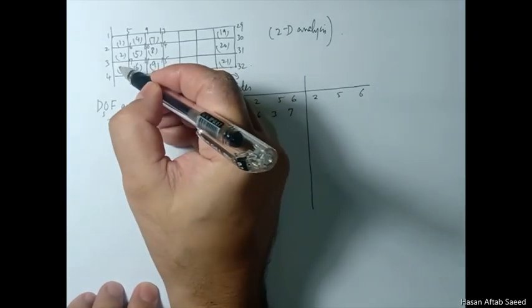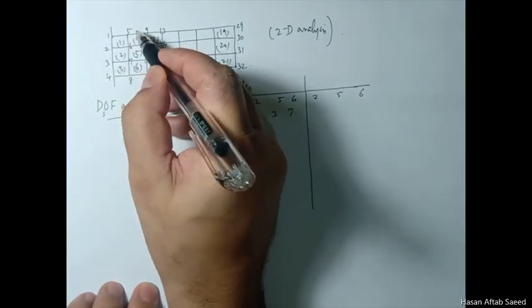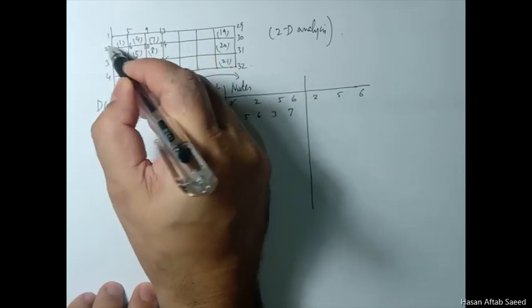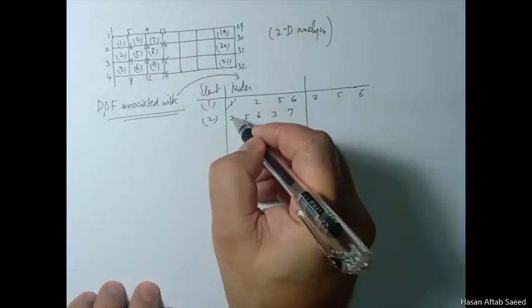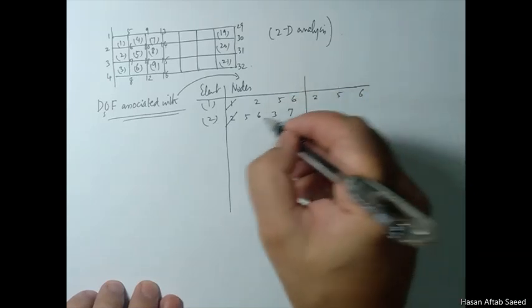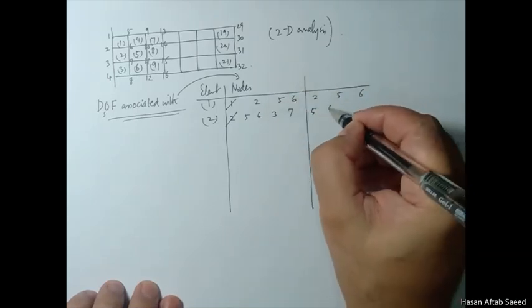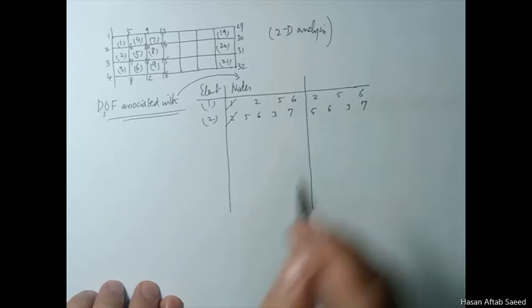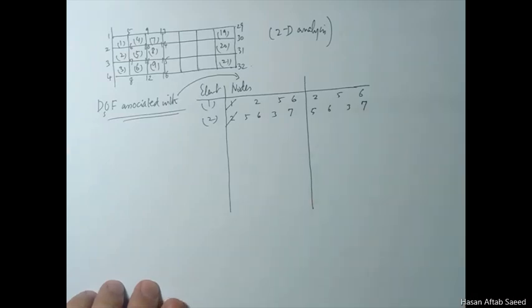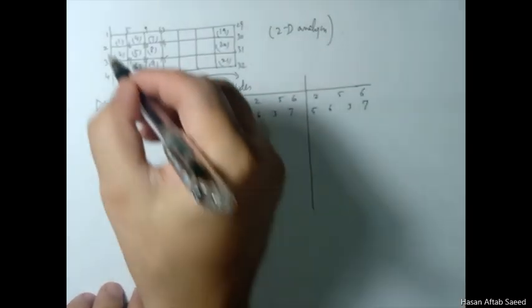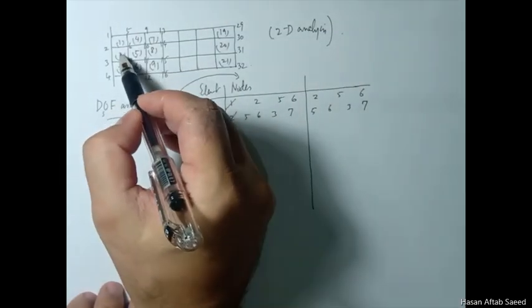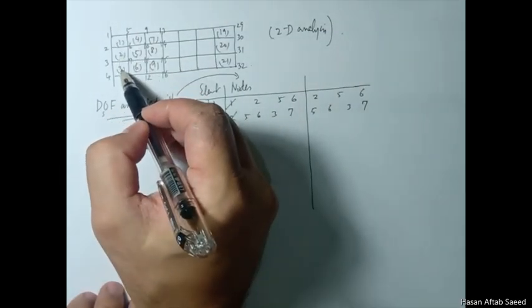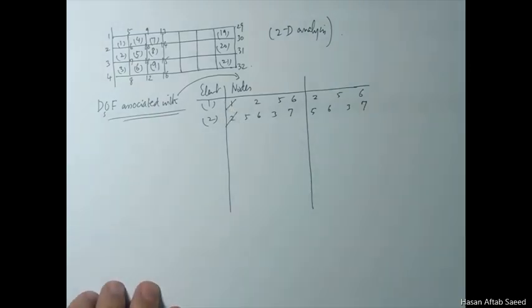The moment we go on to element 3, 4, 5, there is no reference to node 2 now. So node 2 goes. So we have in the working memory 5, 6, 3, 7 only. Even when you reach element number 3, you have eliminated 2 already.